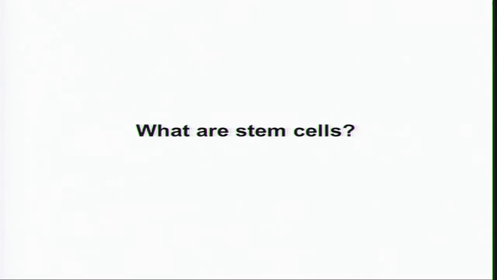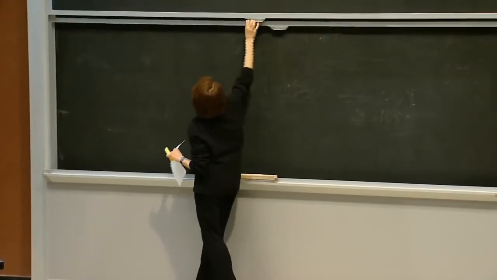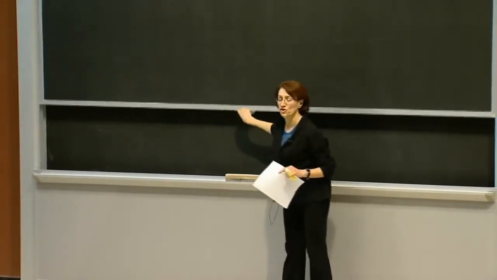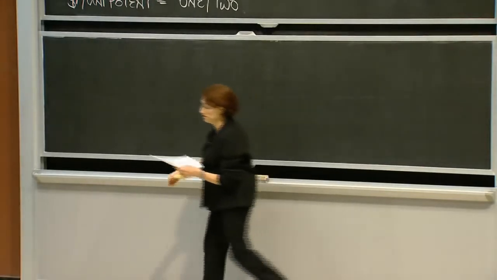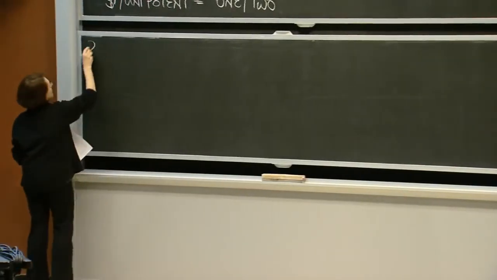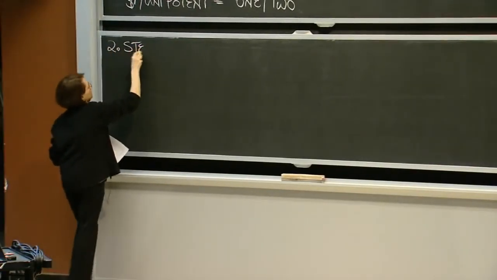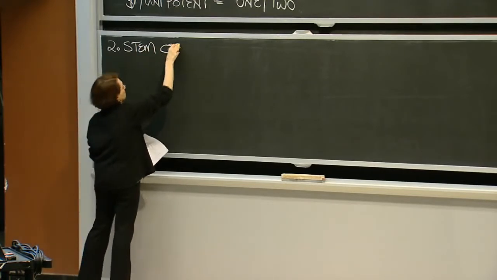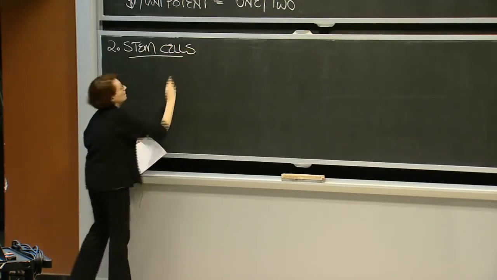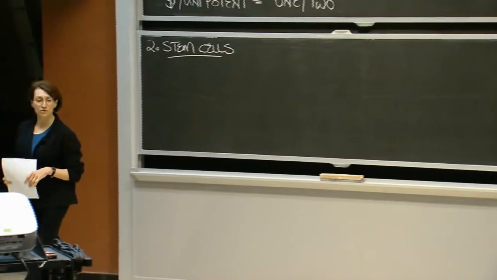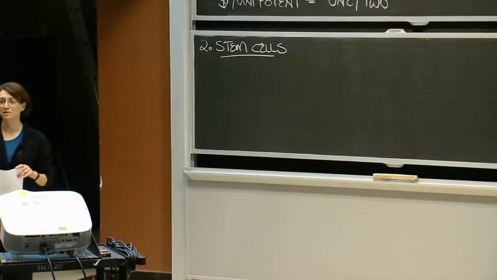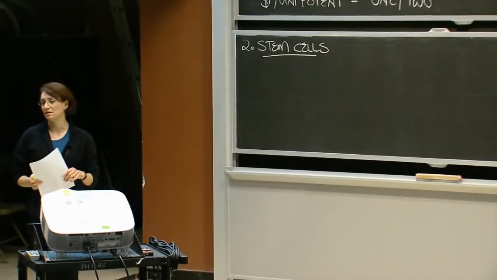But let's now move on to topic number 2, which will fold in this concept of potency and the concepts of fate, determination, and differentiation, and talk about stem cells. And let's do as is our custom: let's define what a stem cell is.